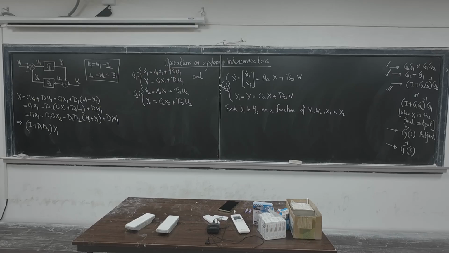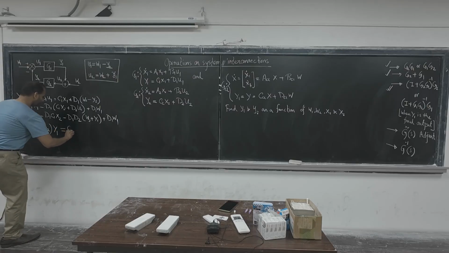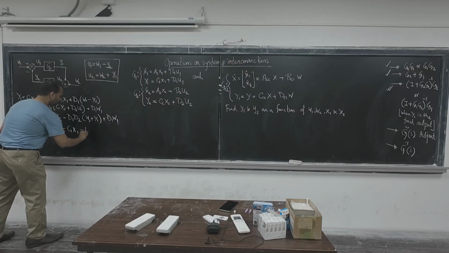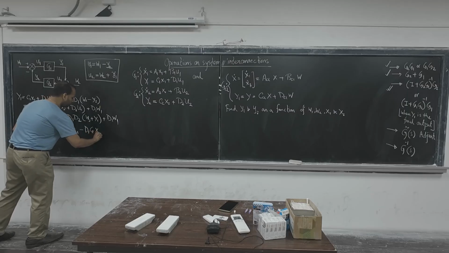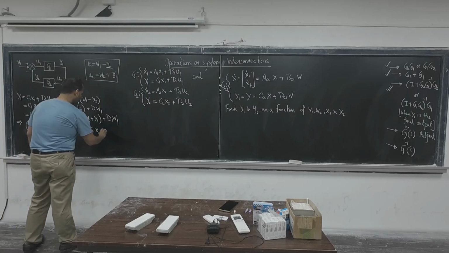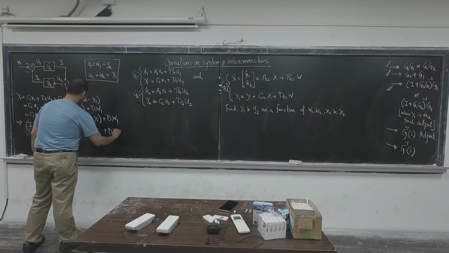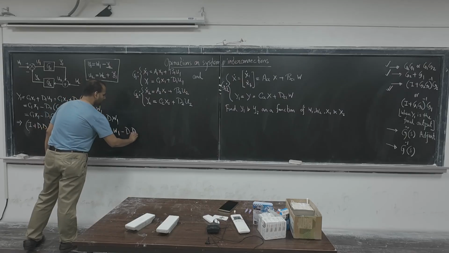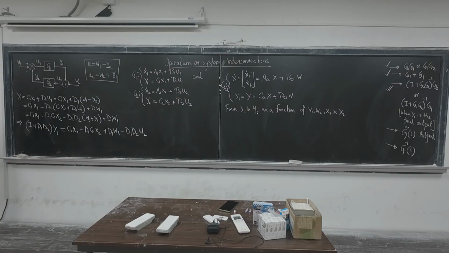That is a complete mistake, okay? So that equals c1 x1 minus d1 c2 x2. What are the remaining terms? Plus d1 w1 minus d1 d2 w2. Is it fine? Please check whether I made any mistake.